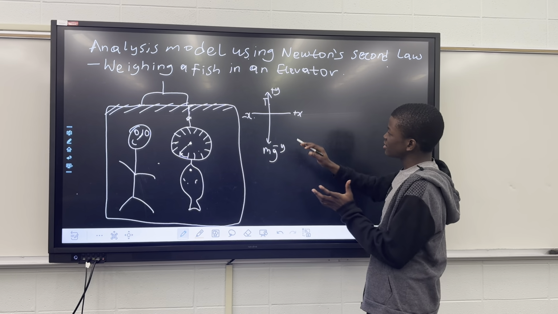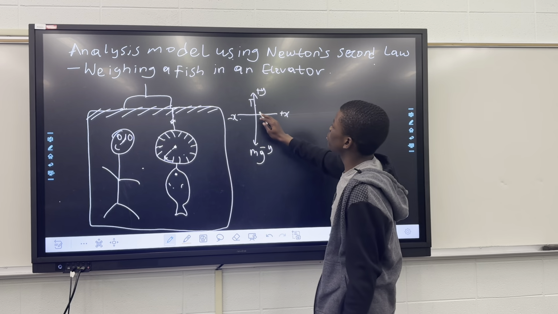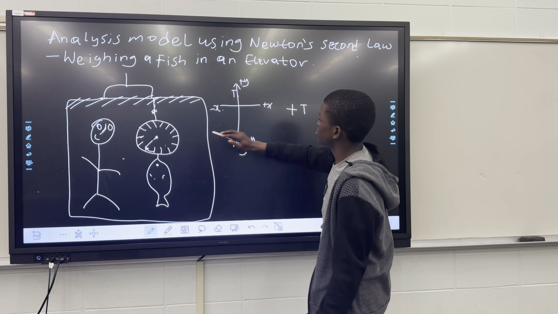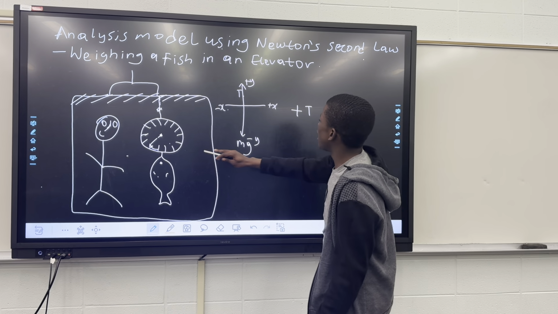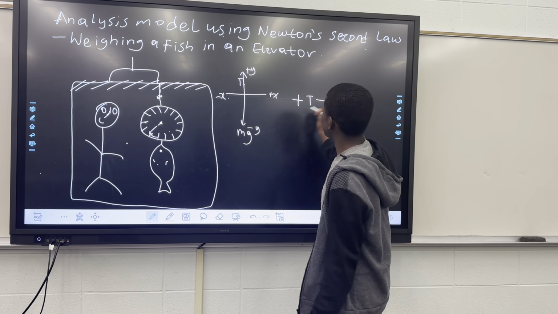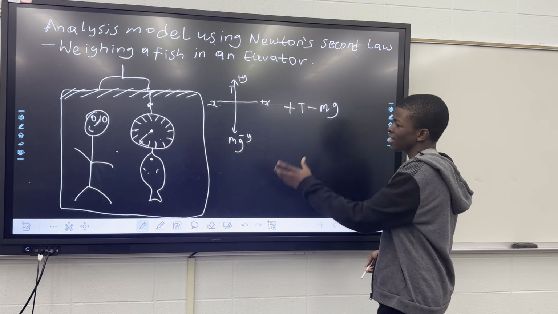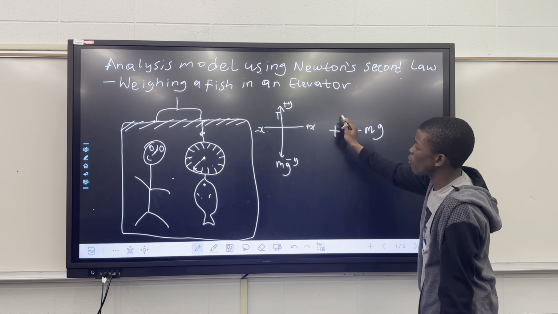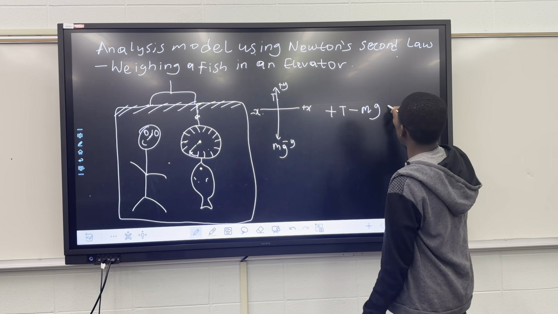As it's at rest, the forces acting on it will be the positive tension that is holding the fish and the scale, and then the negative weight that is trying to bring it down due to gravity. And you'll notice that the whole body is at rest, so the sum of all these forces on the y-axis is going to be 0.